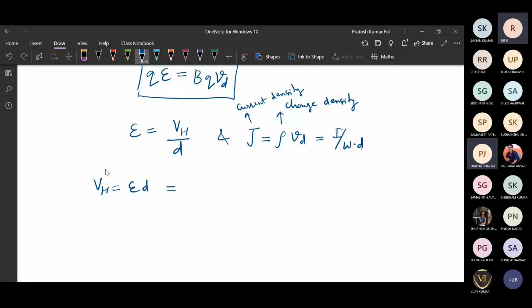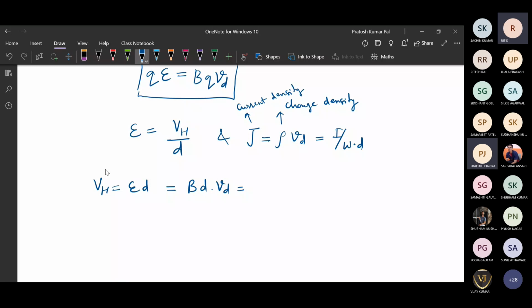So q will be cancelled out, it will be B into VD.